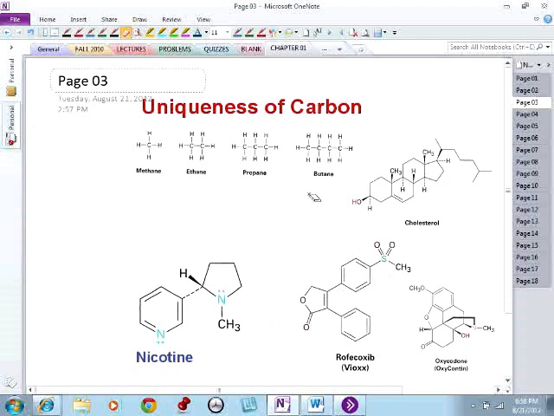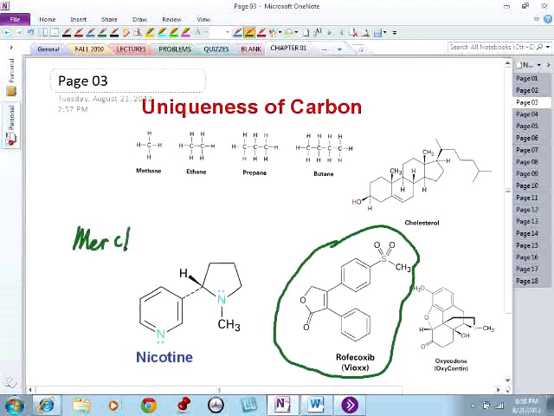This here is Vioxx. Have any of you heard of this molecule before? It used to be a painkiller made by Merck. Have you heard of the Merck company before? It's the name of a pharmaceutical company.